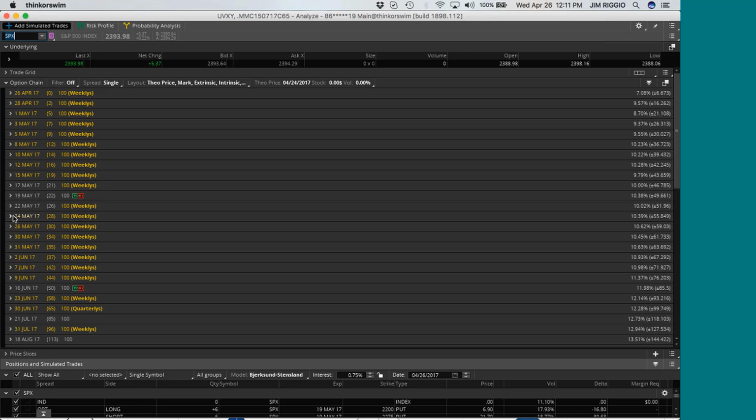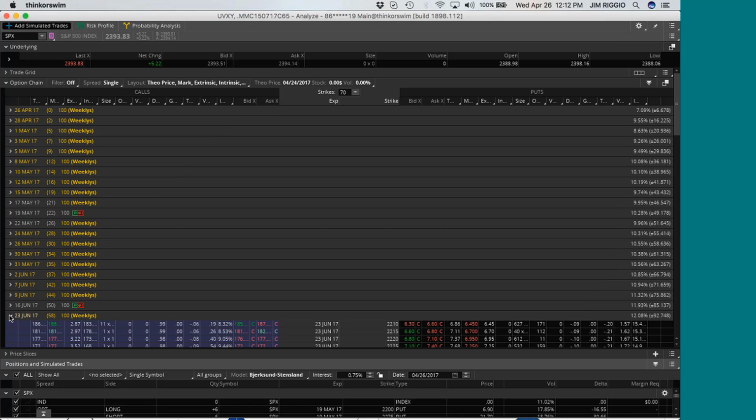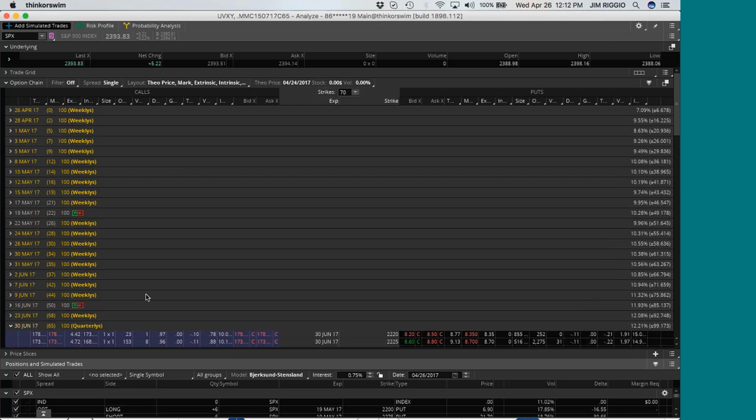So let's talk about if you wanted to build a hedge for your portfolio. What would be the best hedge? If I go out and I take a look at, and let's use, I want to use a 60-day. So let me use this option. You know what? Instead of that, let me use the quarterlies. I want to protect until the end of the quarter.